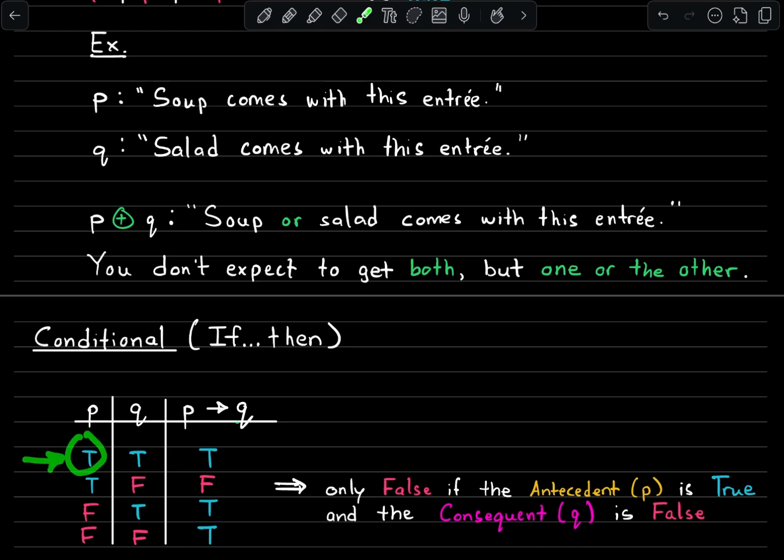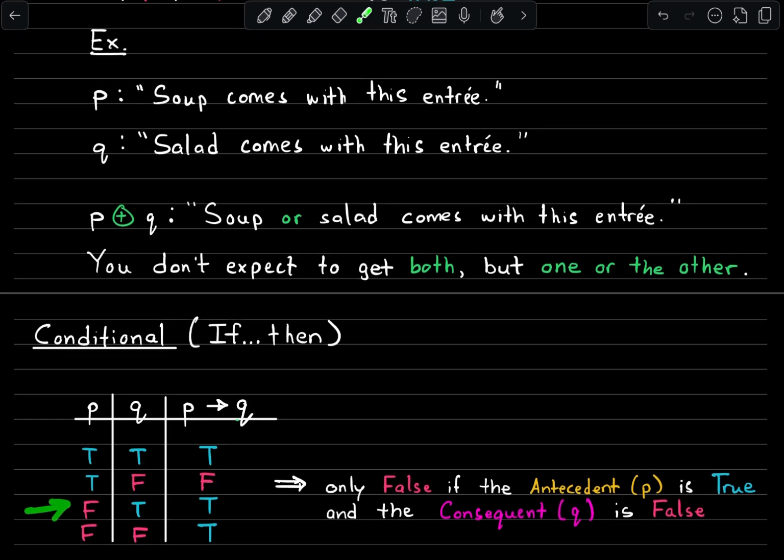If P is true and Q is true, then the whole statement is true. That makes sense. If P is true but Q is false, the statement is considered false. It didn't hold up because we said if P, then Q. If P is true, then Q should be true. But if it's not, well, then that statement doesn't hold up.